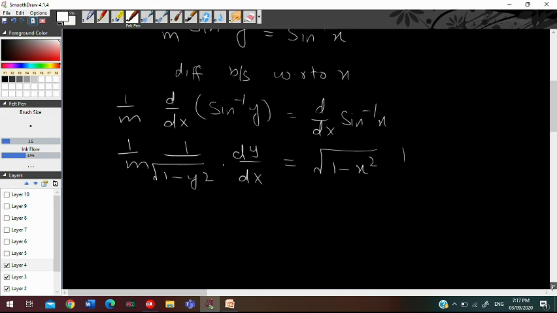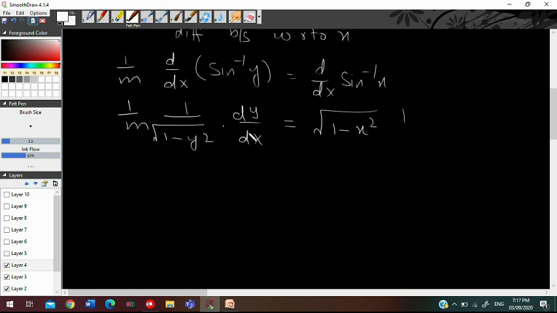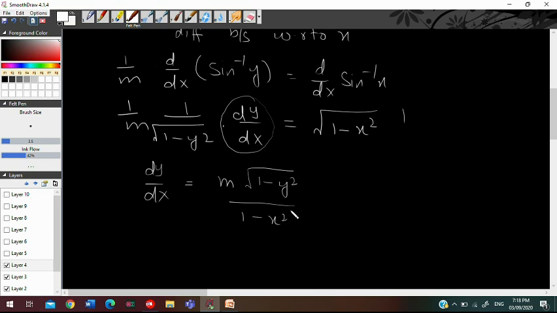We have to find this dy by dx. So we leave dy by dx on this part of our equation, and we move all the other terms to the other side. So dy by dx is equal to m into under root 1 minus y square divided by under root 1 minus x square.